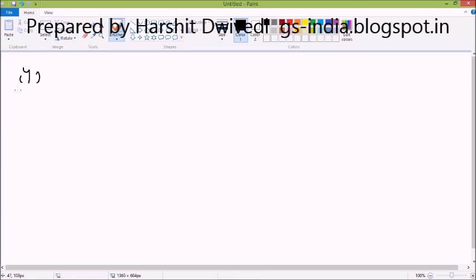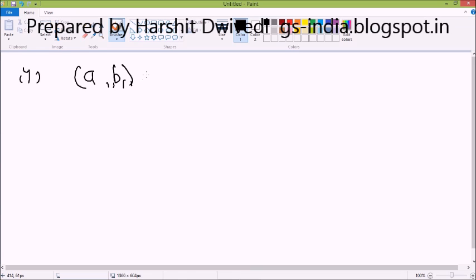The ratio of two numbers is 5 to 6, with the LCM and HCF given. Now, one more thing. In the LCM HCF theory, I already told you, suppose there are two numbers, A1 and B1.